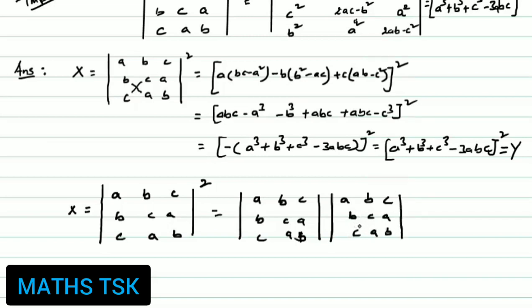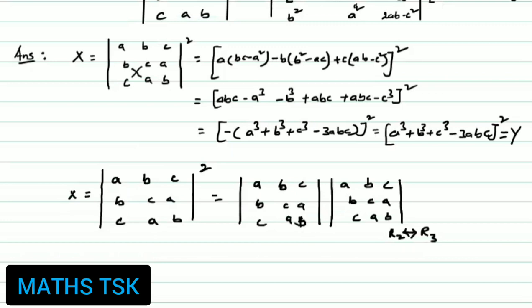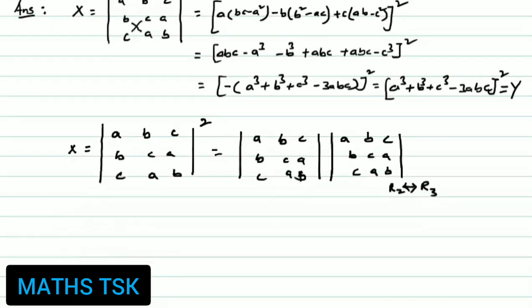Now, interchange these two rows. In the second, I interchange R2 and R3. What will we get? You will get minus, there is det of ABC, BCA, CAB.